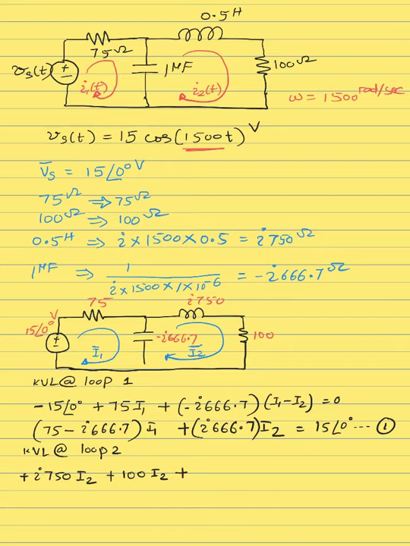The next element is 666.7 ohms, and it's a negative j with it. And the net current, now we're going clockwise for this loop, and this is the most important part, we're going from bottom to top. So since we're going from bottom to top, the current is I2 minus I1, equals 0.